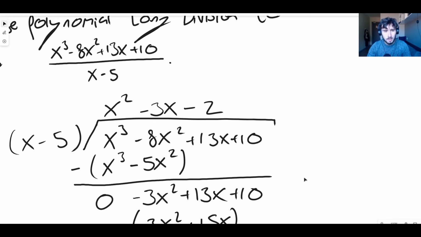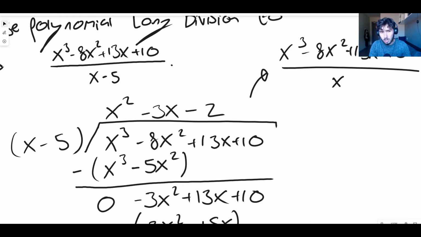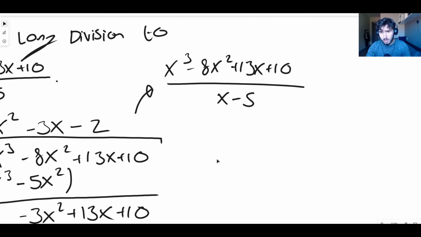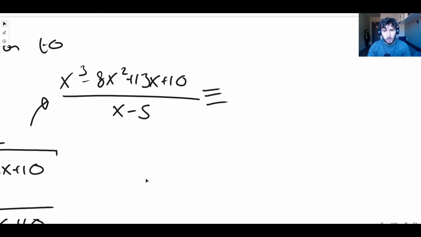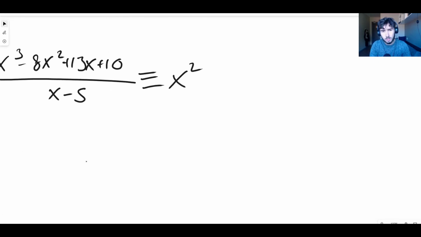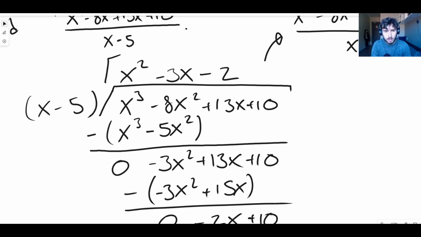And then we can say that x cubed minus 8x squared plus 13x plus 10 divided by x minus 5 is equal, or you can say identical, to x squared minus 3x minus 2, okay, because that is what we get at the top of our little weird shape here, which I call a bus stop for some reason.